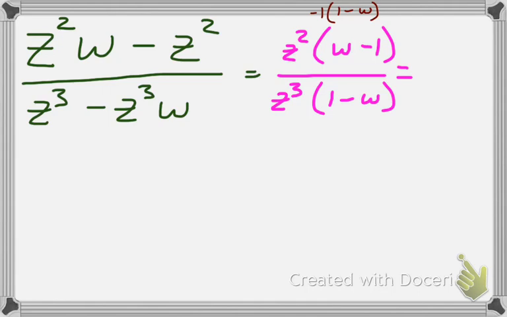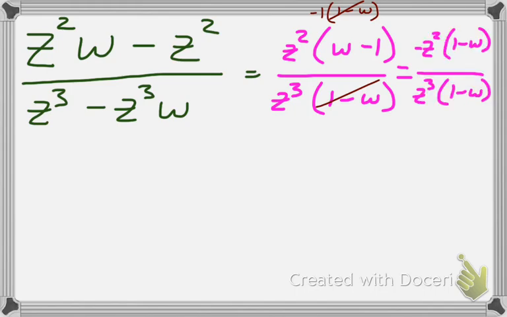Okay, and then the 1 minus w's would cancel. Before I cancel it, if I move the negative to the front, you would see the 1 minus w's there, moving the negative to the front of the z squared. So then you have this.